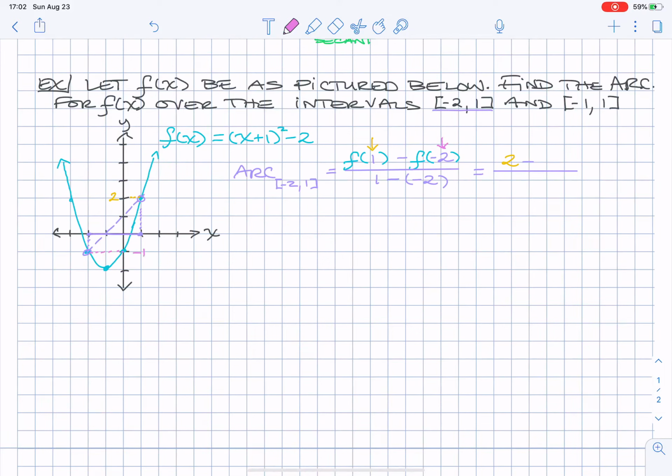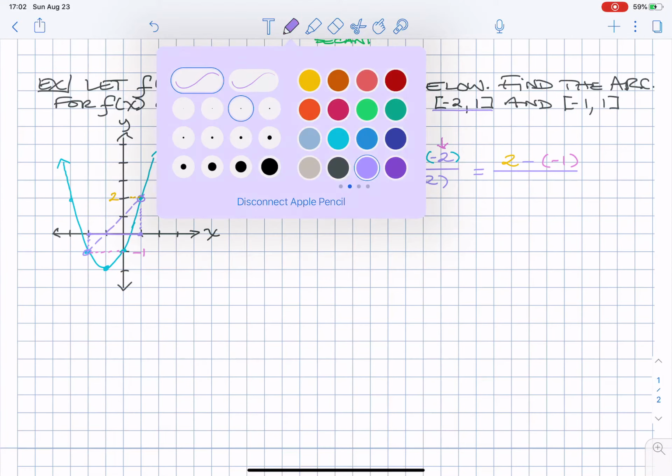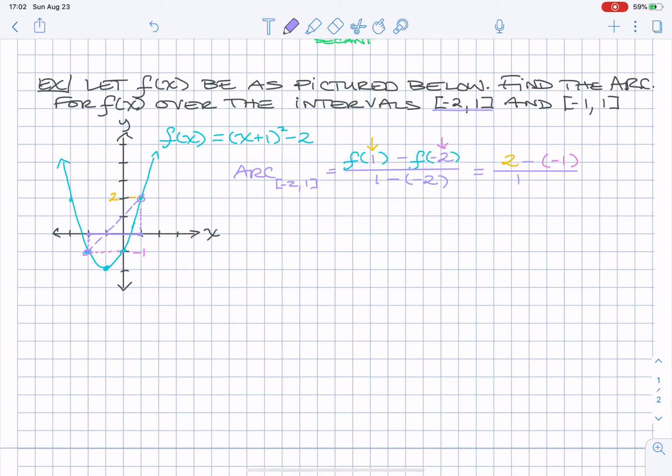It looks like the value for y is -1. And in the denominator, 2 negatives make a positive, so this is 1 plus 2. So what do we get? We get 2 plus 1 over 1 plus 2.